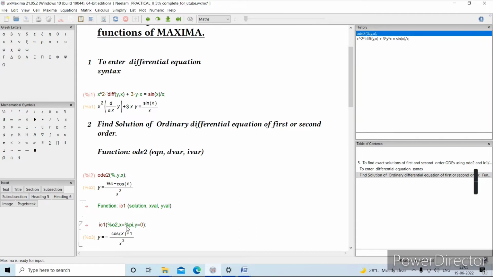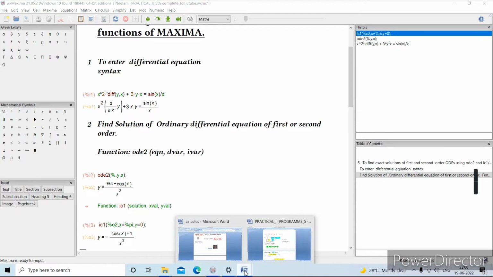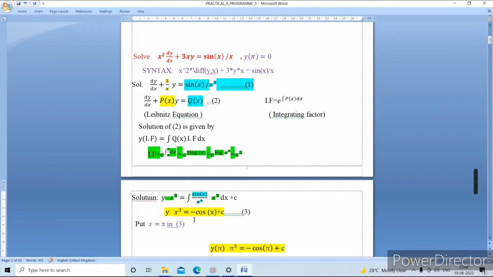The syntax for this is %pi, and the corresponding dependent variable is y equal to 0. I already solved this, and the constant value I obtained is -1. So shift enter, your output is this one. Minus sign is outside, cos of x plus 1 by x cube, which I already obtained here in my solutions.